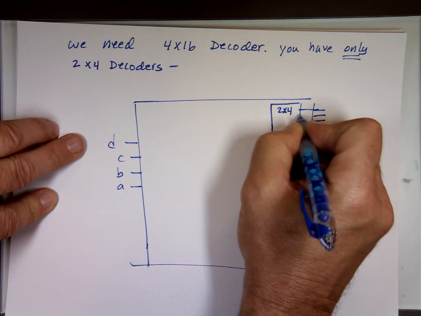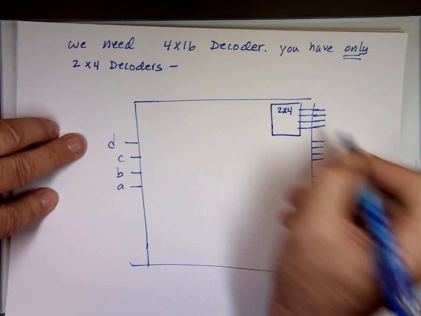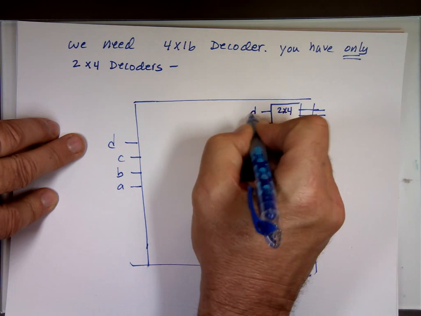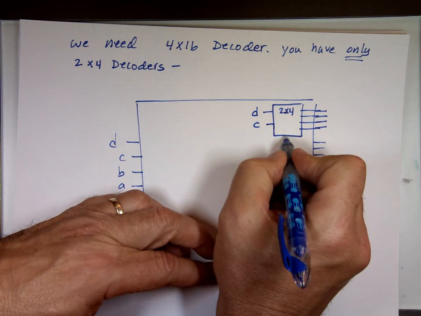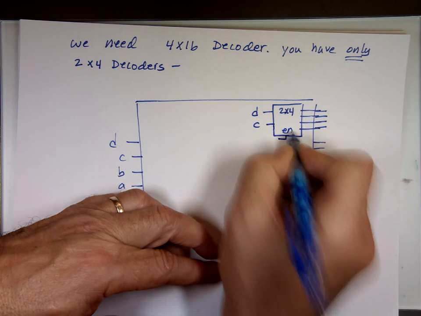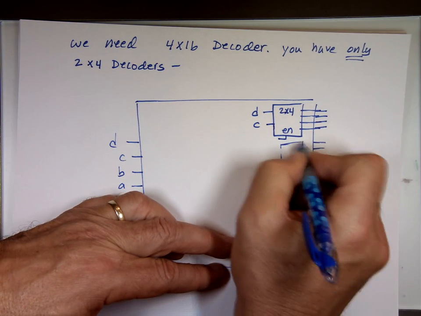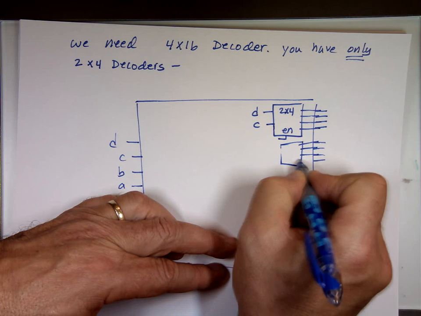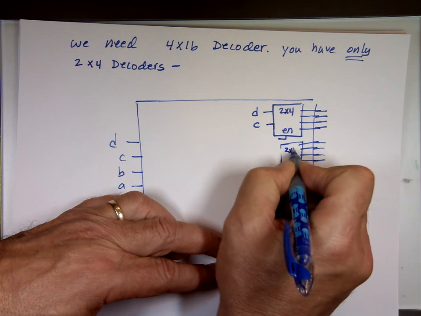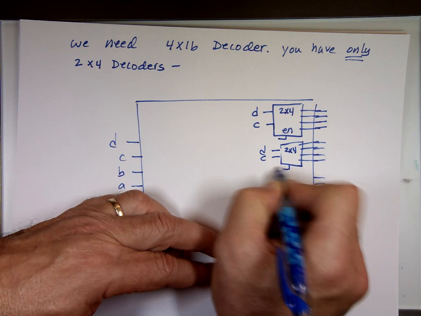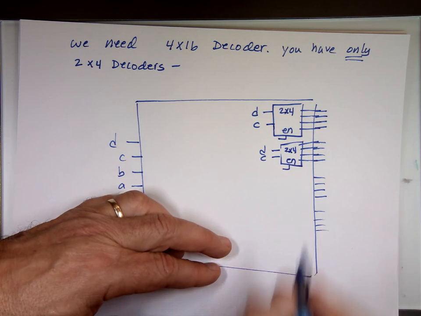The first one, the input to it, I'm going to use C and D. There's my chip enable. I have another one, 2 by 4. C and D, and there's the chip enable. Another one.